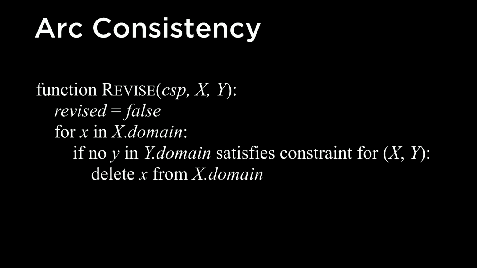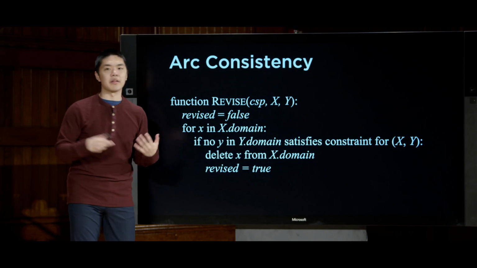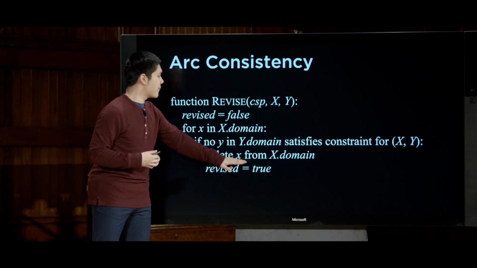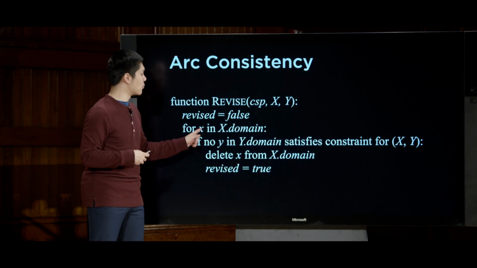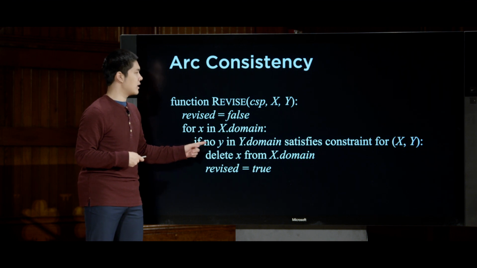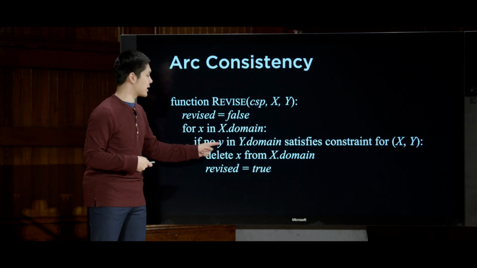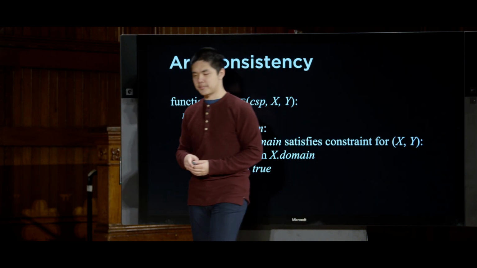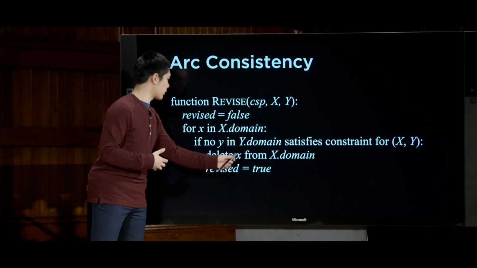So I'll go ahead and delete x from x's domain, and I'll set revised equal to true, because I did change x's domain. I changed x's domain by removing little x, and I removed little x because it wasn't arc consistent. There was no way I could choose a value for y that would satisfy this xy constraint. So in this case, we'll go ahead and set revised equal true.